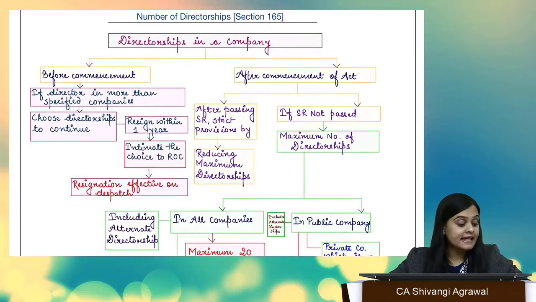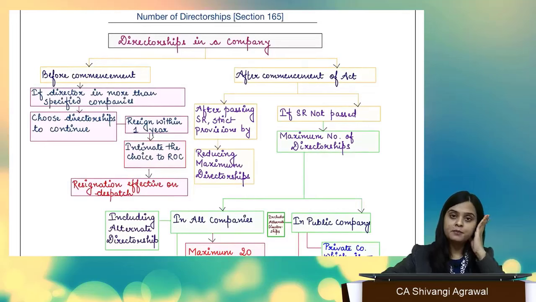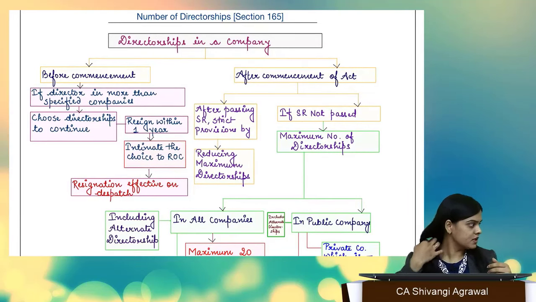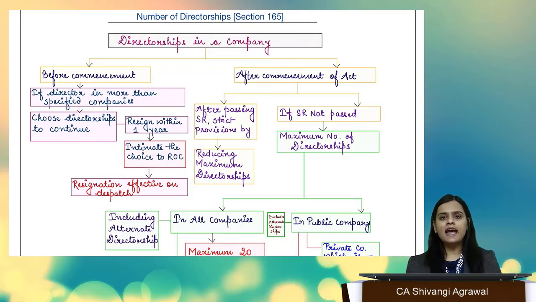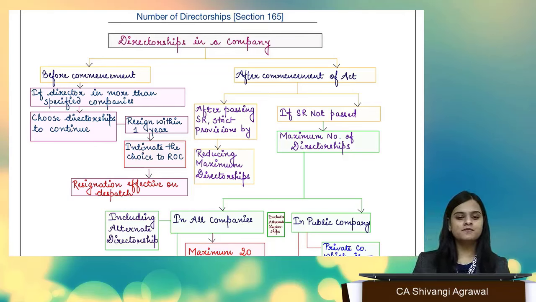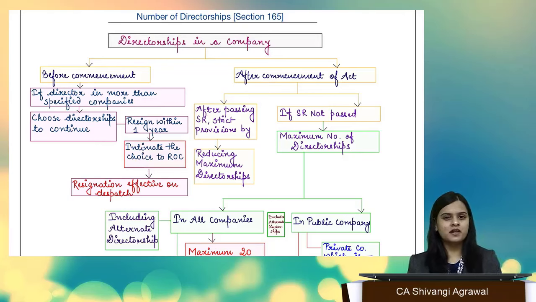Number of directorships. What do you mean by this? Supposedly, I am an eligible person, I have a DIN, and I want to become a director in 50 companies. Can I? Why not? 50 companies. If you have that caliber, why not? Well, this is not like a donut eating competition or a puchka eating competition.